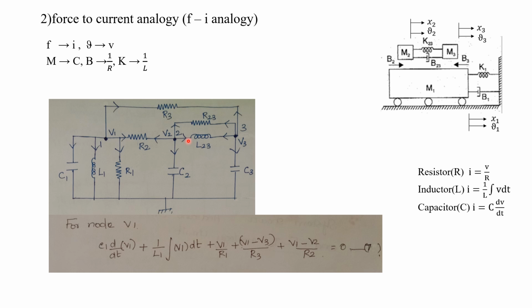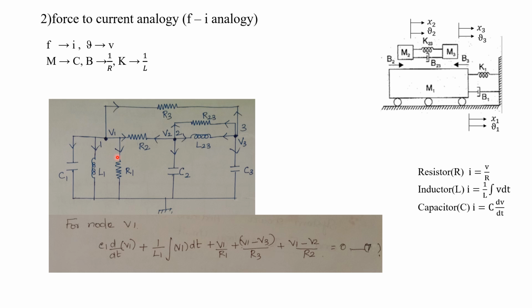In the previous case, that is the force to voltage analogy, while applying Kirchhoff's voltage law, we needed to assume a loop current. So here at each and every node, we have to assume the node current. So how to assume the node current? We are assuming the direction of node current. So here in this node 1, there is no current source.